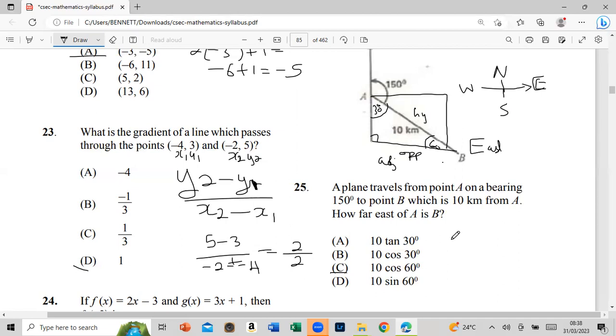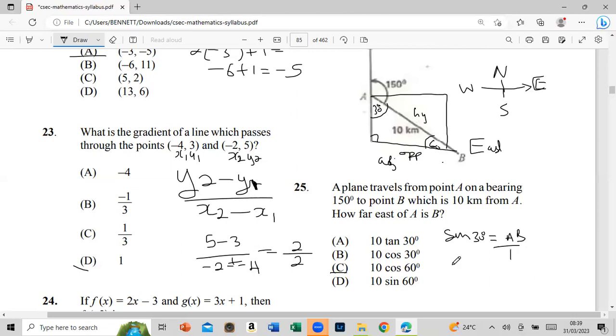Another way, remember cos and sin are the inverse of each other. So another way that we could look at it, you could look at it with sin, but they kind of turn on the question and don't put that as an option. It will be opposite, which is AB, upon the hypotenuse 10.